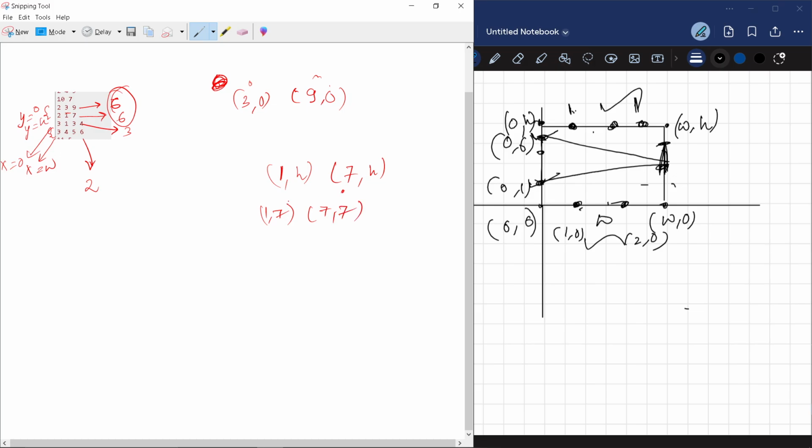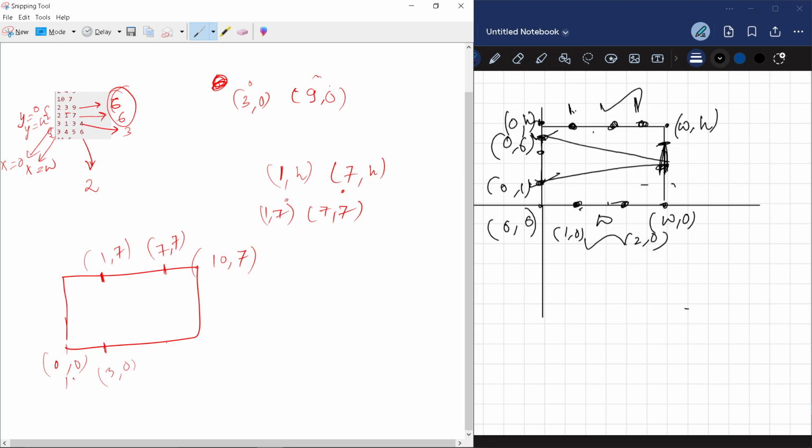First contains w and h is nothing but 7, so 1 comma 7, and we have 7 comma 7. Now we have to maximize the area. This coordinate geometry is quite complicated because the xy thing is introduced. Let's say we have 0 0, this is 10 comma 7, and 1 comma 7 is here, and 7 comma 7 is here, and 3 comma 0, 9 comma 0 is this thing.